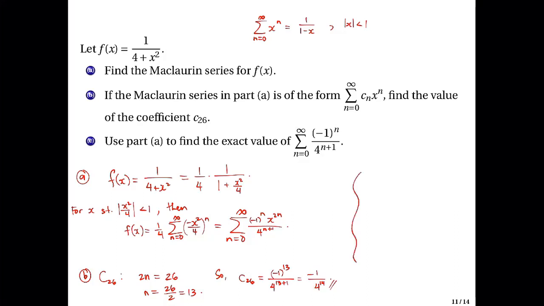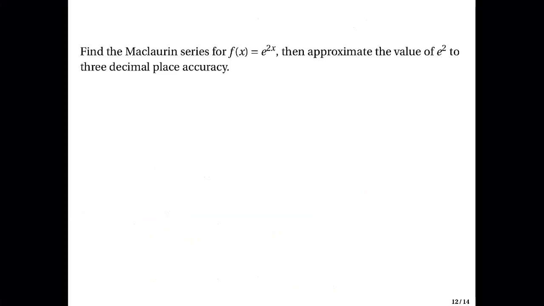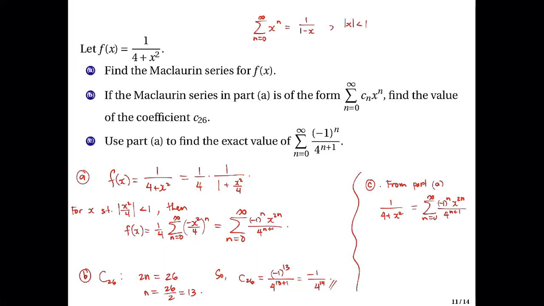And then, finally, for letter C, we want to solve for this from part A. From part A, 1 over 4 plus x squared is equal to the sum of negative 1 to the n x raised to 2n over 4 raised to n plus 1, from 0 to plus infinity, provided that the absolute value of x squared over 4 is less than 1.